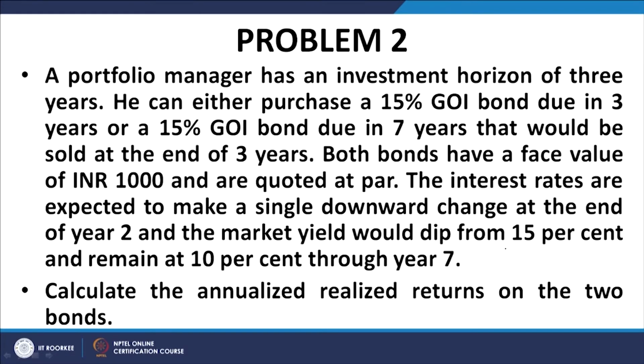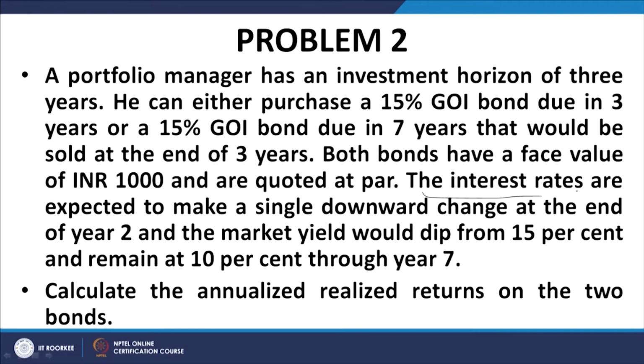Now, this is the important part. The interest rates are expected to make a single downward change at the end of year 2, and the market yield would dip from 15% to 10% up to year 7. So, for 2 years the market interest rates would remain at their present value of how much?